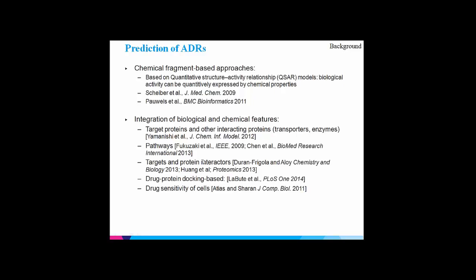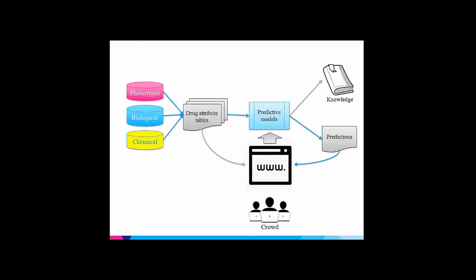And also, by focusing on target proteins, those models cannot be applied to investigational drugs that don't have target proteins identified. So that could be a problem for those types of models.